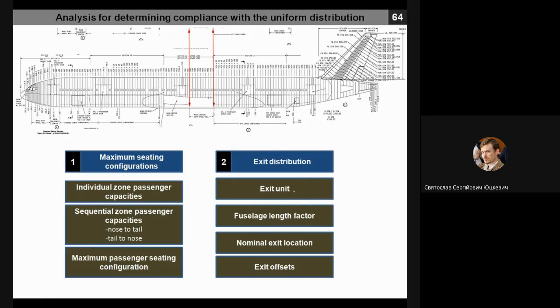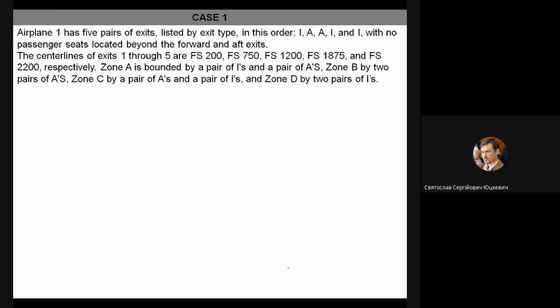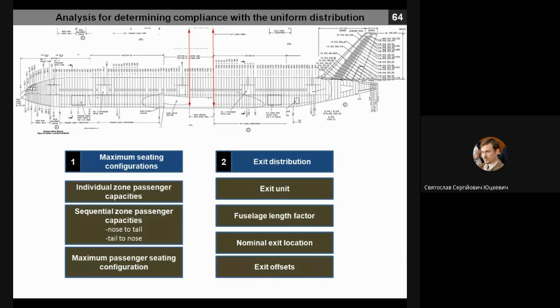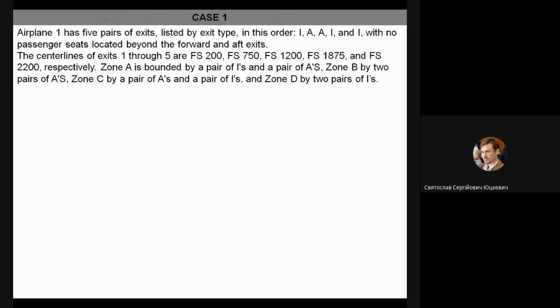Then you will determine the exit units, divided by 35, the type rating of the type 3 door, the fuselage length factor, and the nominal exit location. The length will be used by the fuselage stations that are determined in the aircraft designer documents.